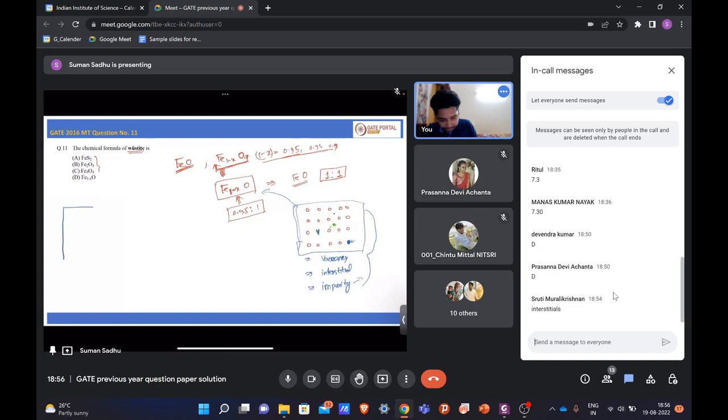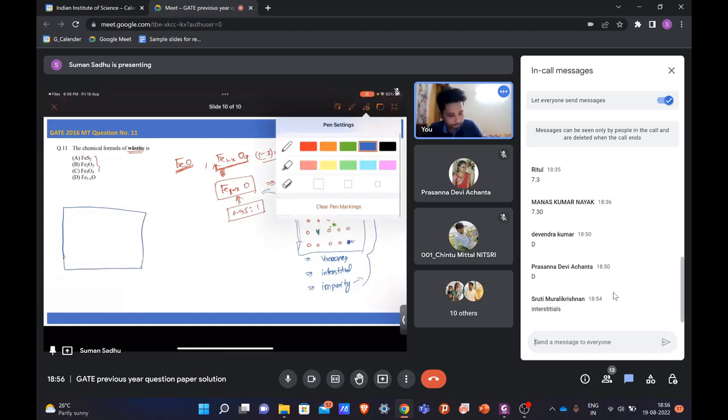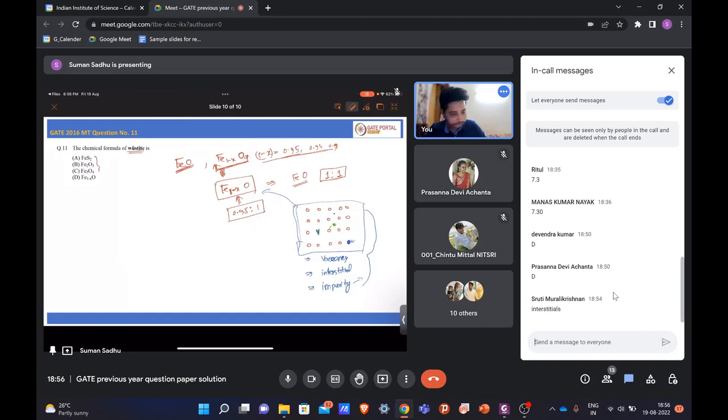So let's say we have this. Sorry, better not to put this box. Okay, so let's say this is Fe. What is the valency of iron in FeO? Plus 2.